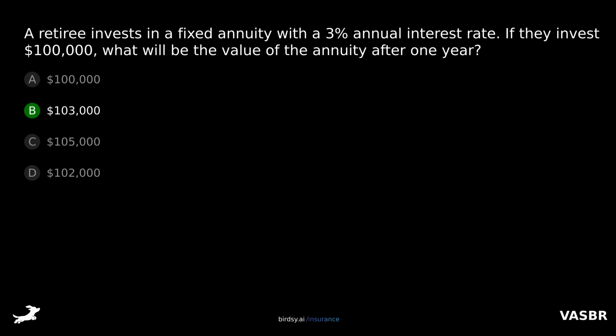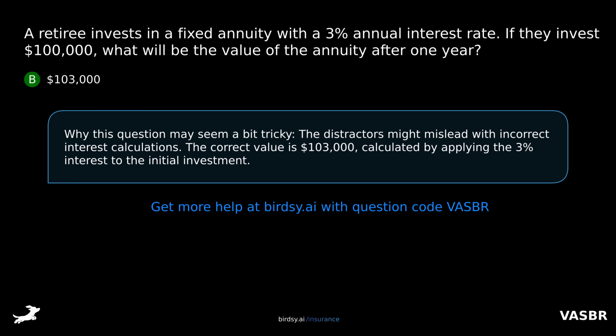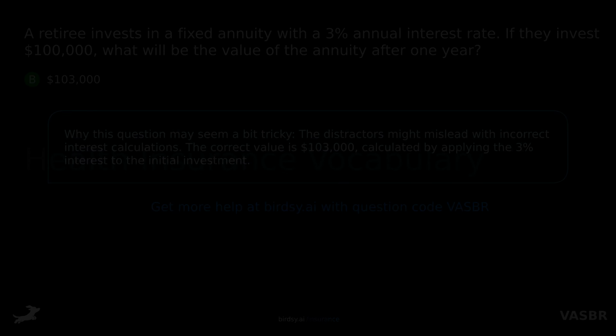The answer is B, $103,000. Why this question may seem a bit tricky: the distractors might mislead with incorrect interest calculations. The correct value is $103,000, calculated by applying the 3% interest to the initial investment.